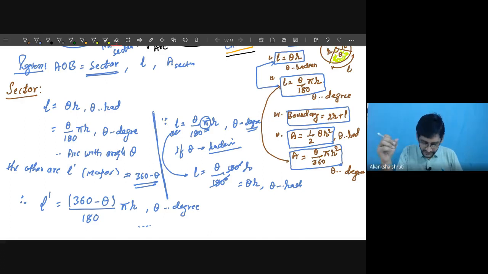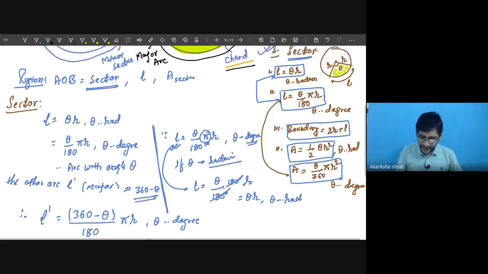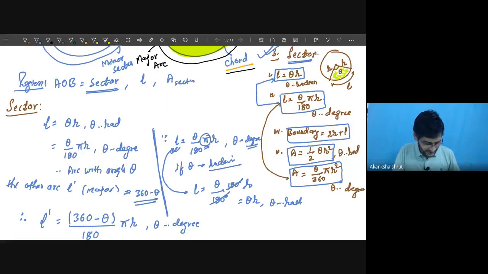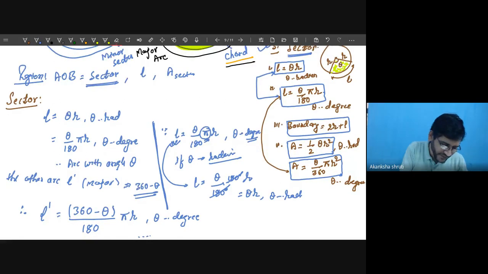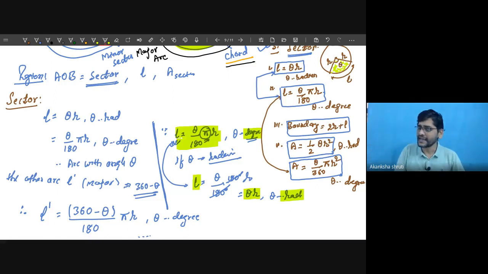Okay, so in this case it still appears to me that Vivek is slightly confused. I had told you that the angle can be in degree or in radian. So these two formulas that I am writing again and again, and the other one, L equals theta r, are not different, they are the same.